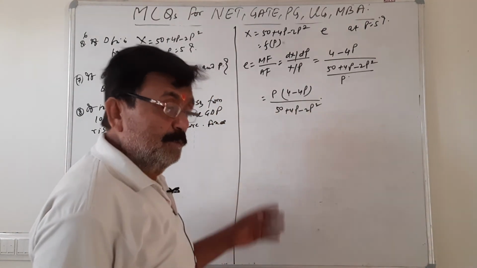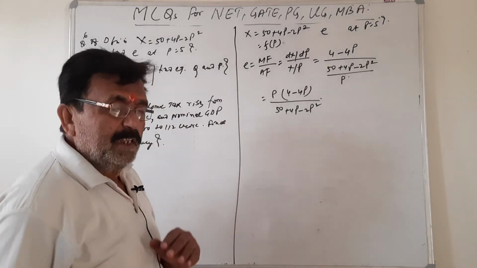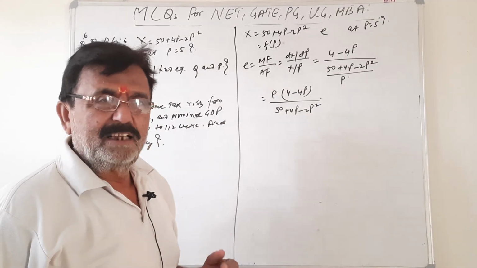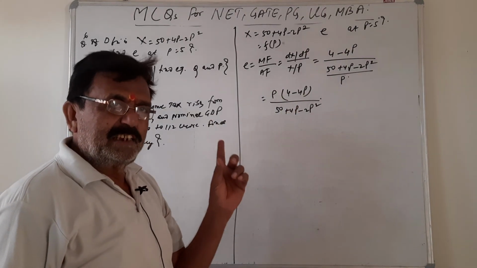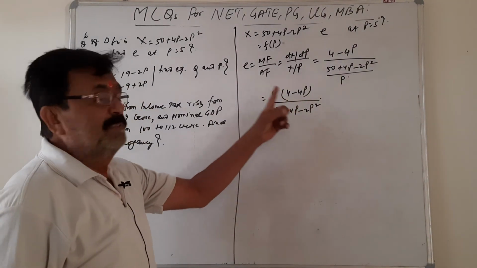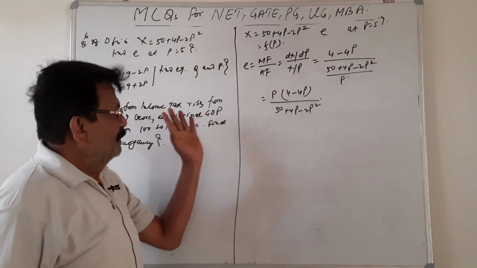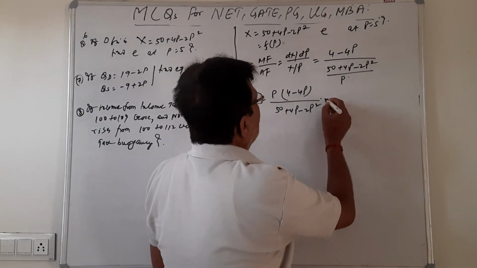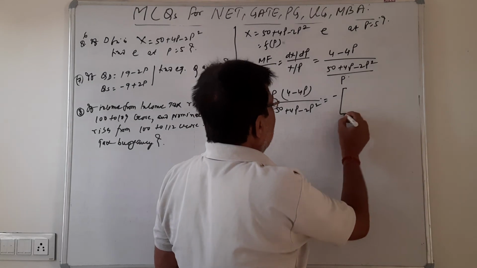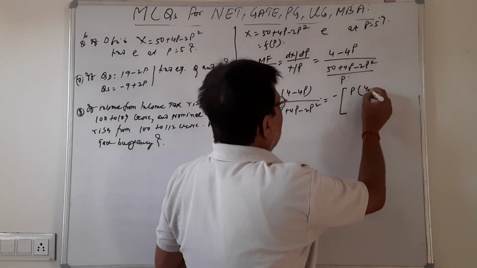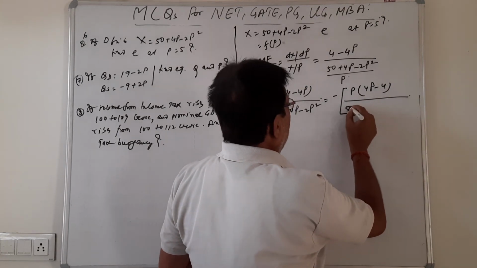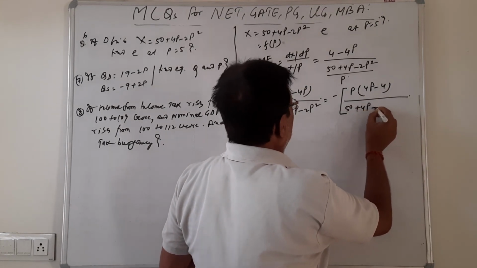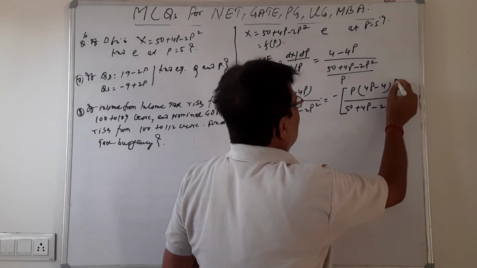One thing has to be seen here, that when we go to calculate elasticity mathematically, the entire expression must be preceded by a negative sign. Here nowhere is the negative sign visible. So first of all we have to extract the negative sign. So minus p (4p minus 4) divided by 50 plus 4p minus 2p square.